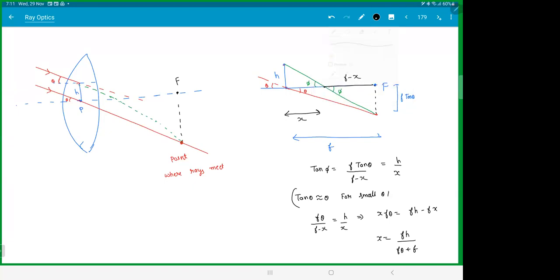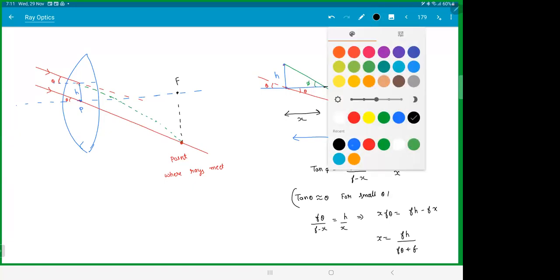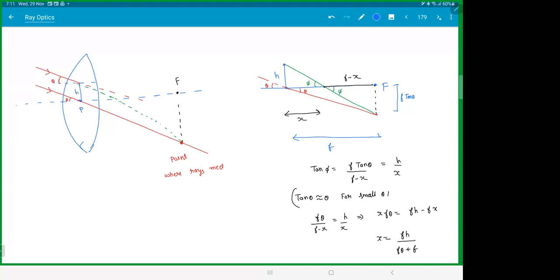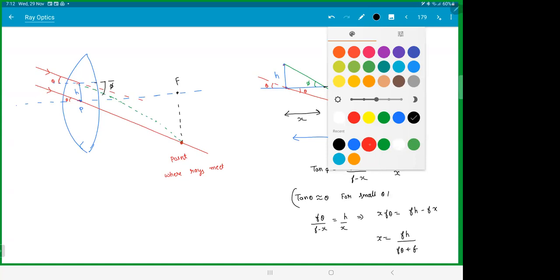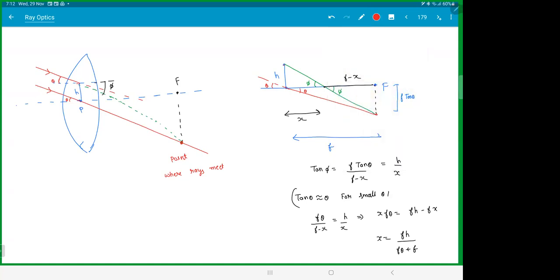So what do you want to find here? Deviation, no? So what is the deviation here? The phi we got is this angle. This total angle is phi. And what is theta? This angle is theta. This angle is the deviation.